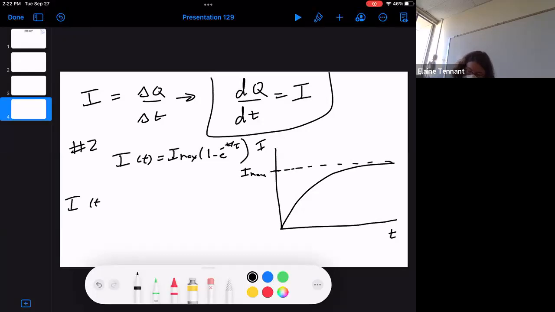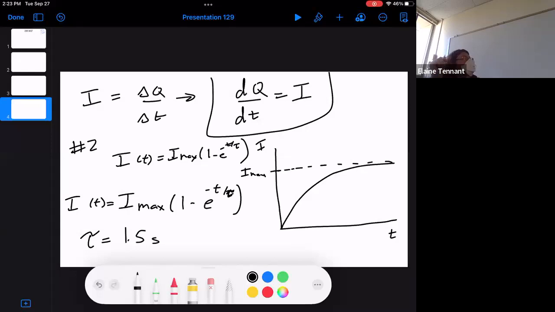I of t equals Imax times 1 minus e to the negative t over tau, where tau is a constant that we're going to call a time constant.